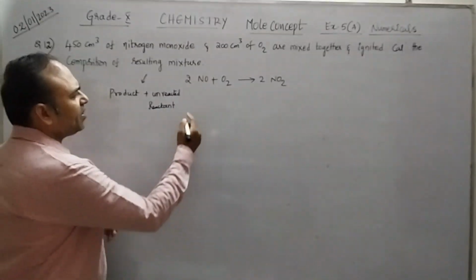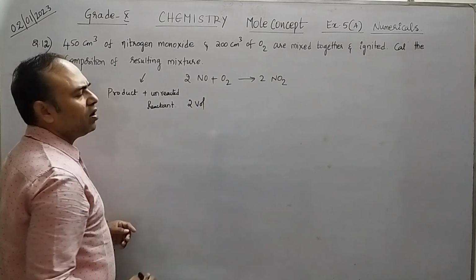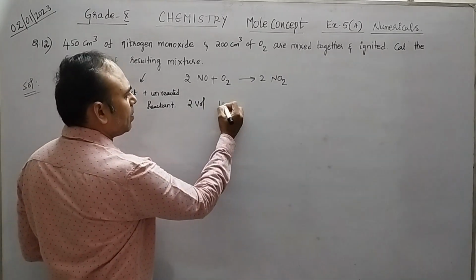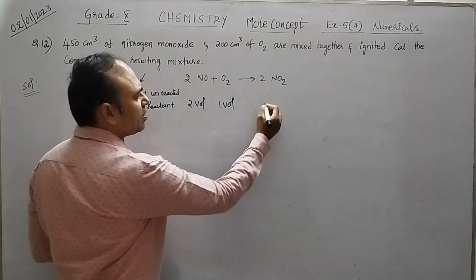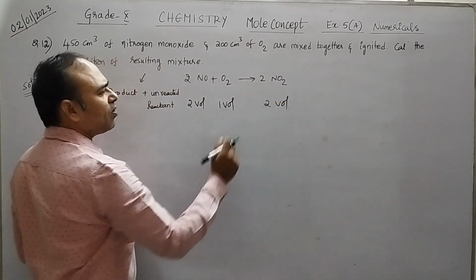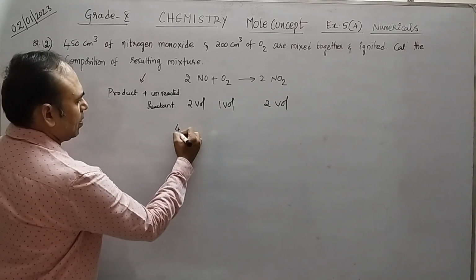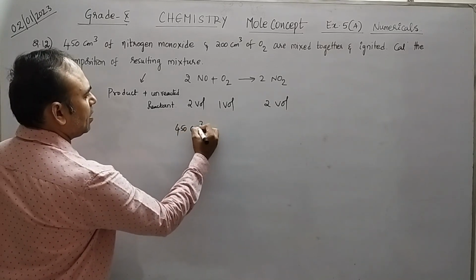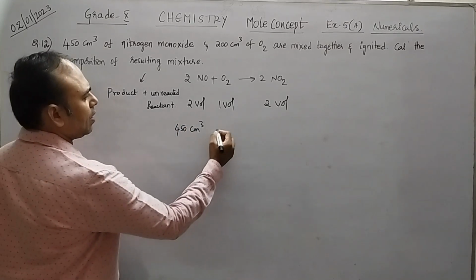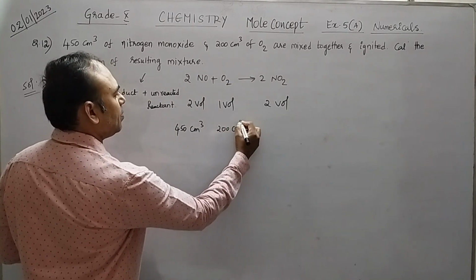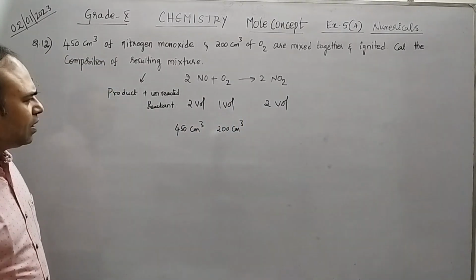Now they have given the equation. In the equation, what we understand is 2 volume of nitrogen monoxide combines with 1 volume of oxygen, and 2 volume of product is formed. Now they have mentioned here 450 centimeter cube of NO and 200 centimeter cube of oxygen. It's very simple.